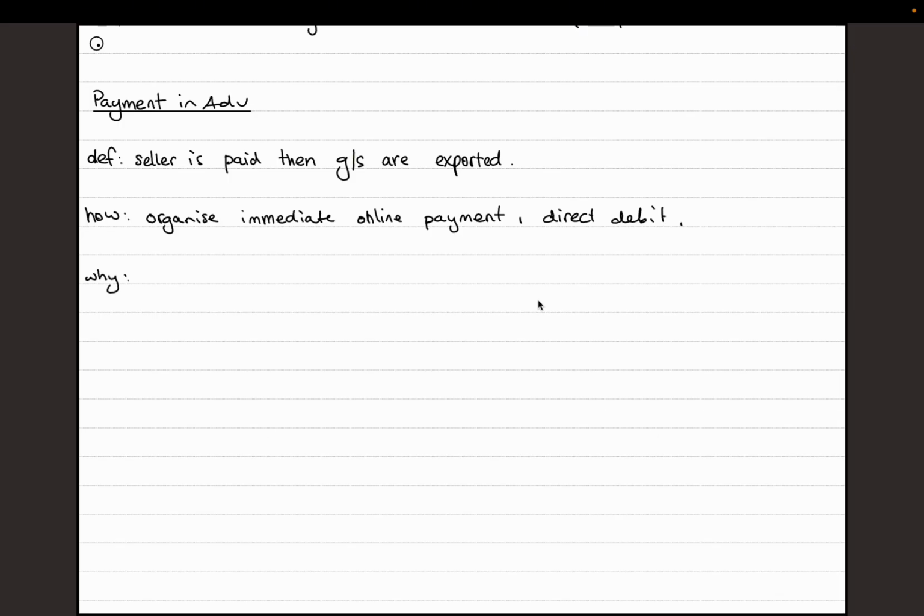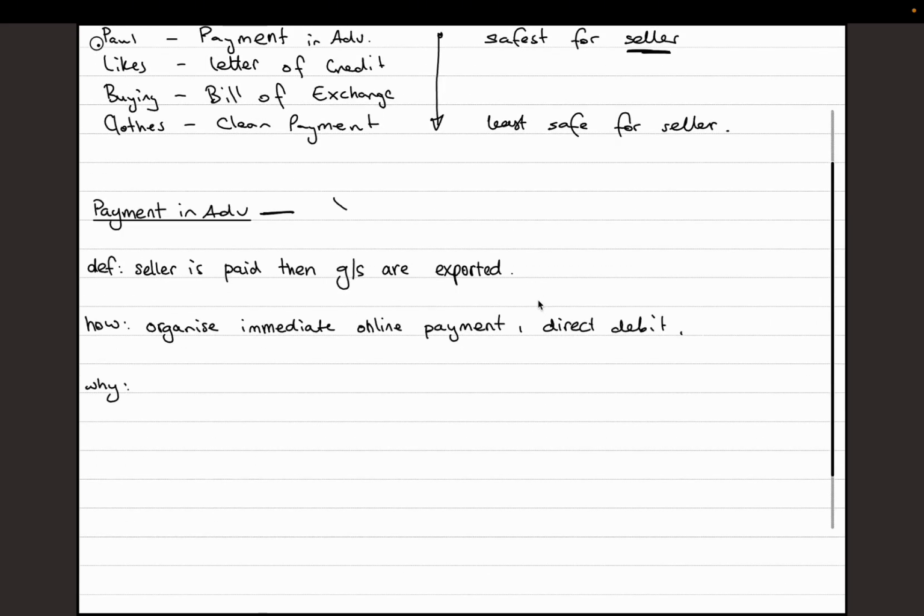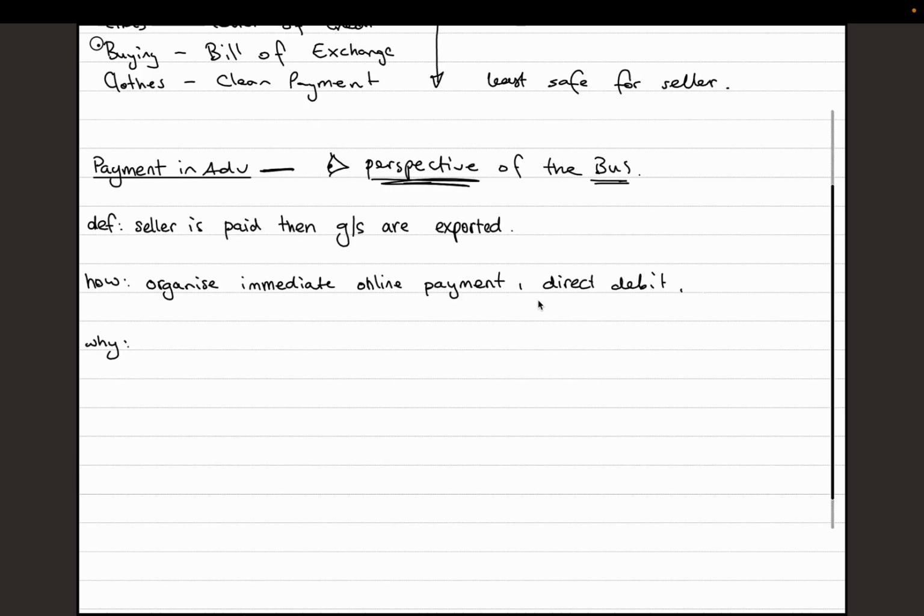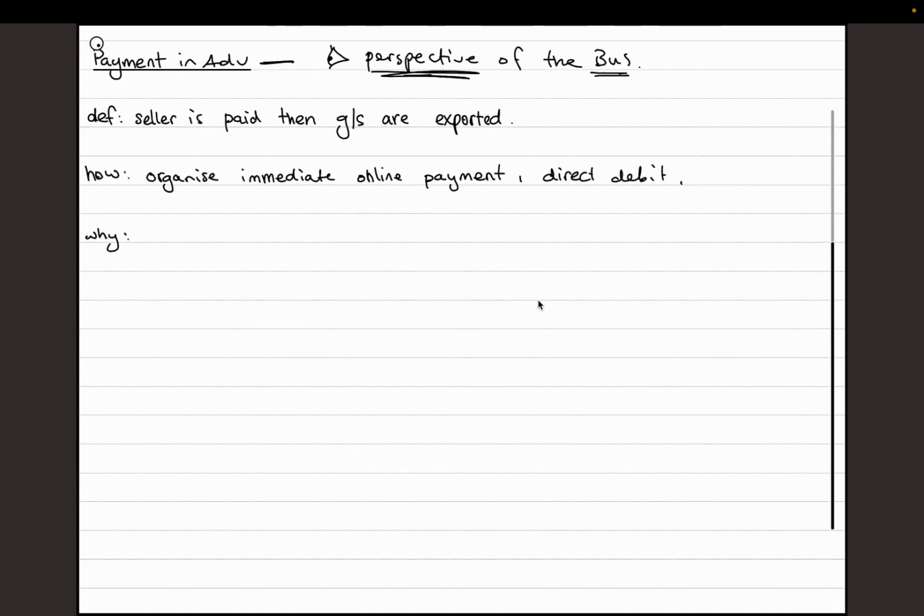Why would a business choose to use payment in advance? Remember, this is business studies. We want to look at everything from the perspective of a business, which is the seller. So the perspective of the business. Why would a business choose to use payment in advance? We don't want to look at it from the customer side. Why? It's safer.